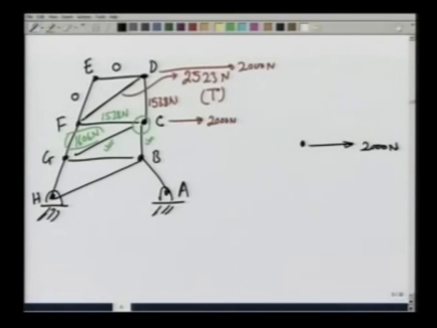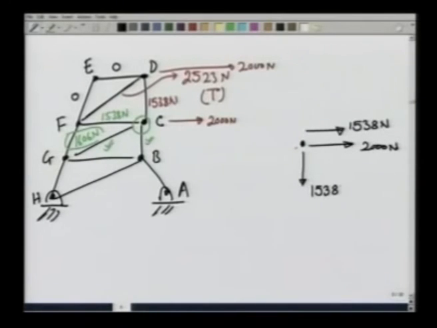F_FC is a compressive force because it was pushing point F outwards. So, here also it pushes point C this way, 1538 newtons. Similarly, F_CD, which was pushing point D up, is going to push this point C down with 1538 newtons.